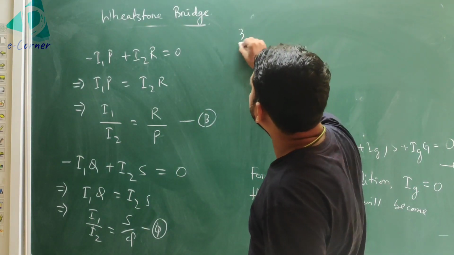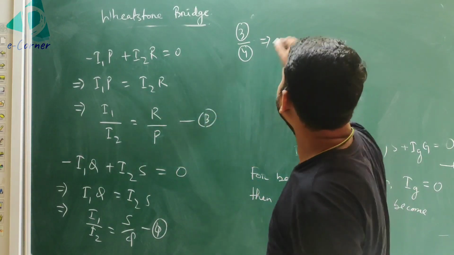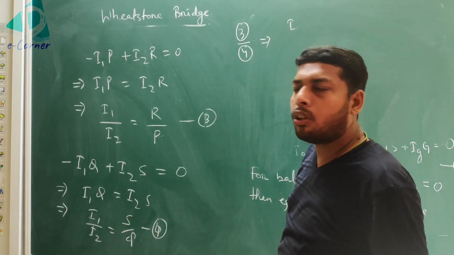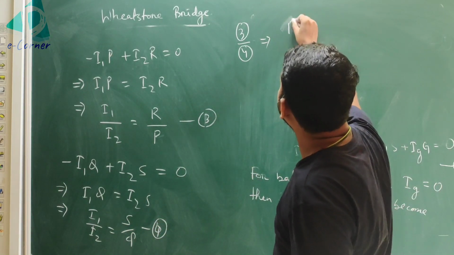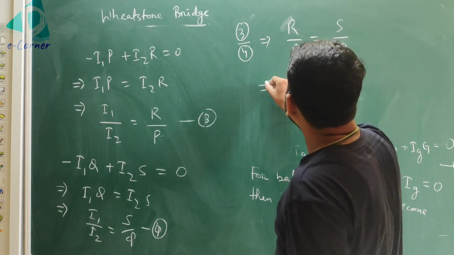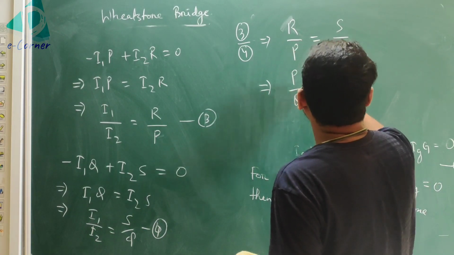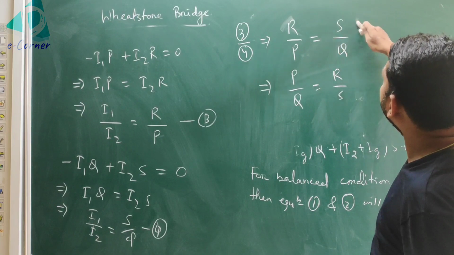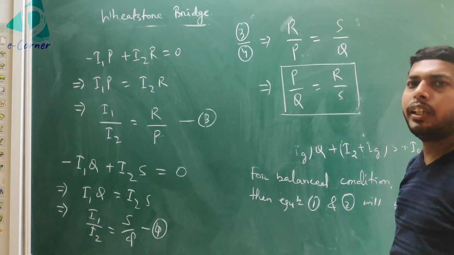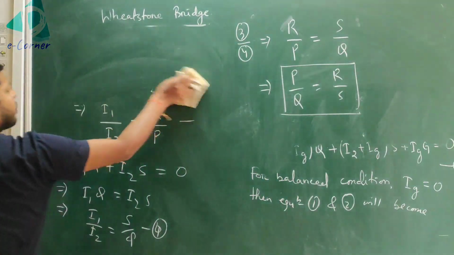While dividing 3 upon 4, then we will get I1 upon I2, which is equal to R upon P, is equal to S upon Q. That implies P upon Q equal to R upon S. This is our balanced condition of the Wheatstone bridge. Okay. This is the expression. How to derive.